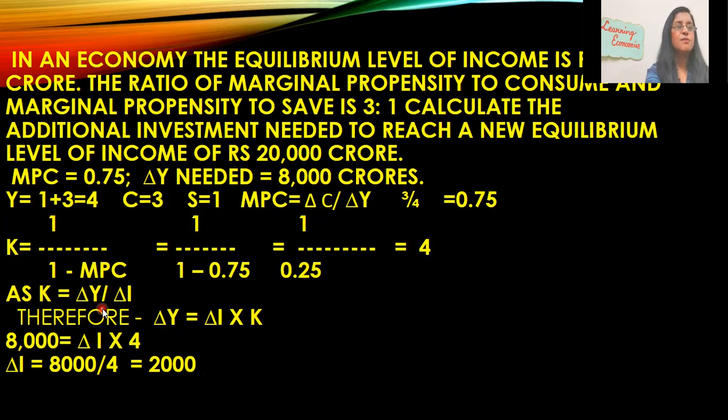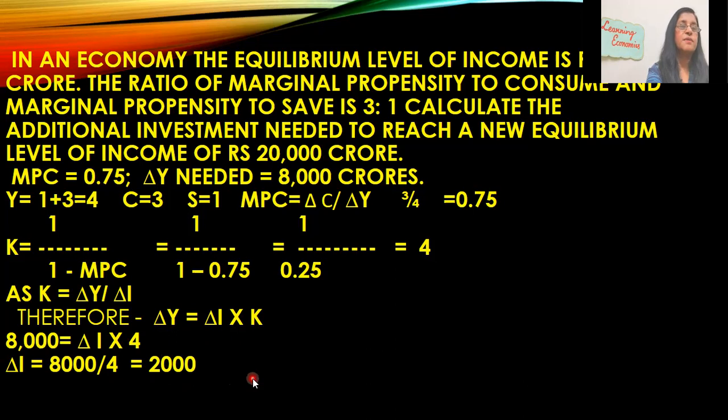As K is equal to delta Y upon delta I, delta Y is equal to delta I into K. I is investment, Y is income. We cross multiplied and got delta I, 8,000 upon 4, which is equal to 2,000. So we have to make an additional investment of rupees 2,000 crores.